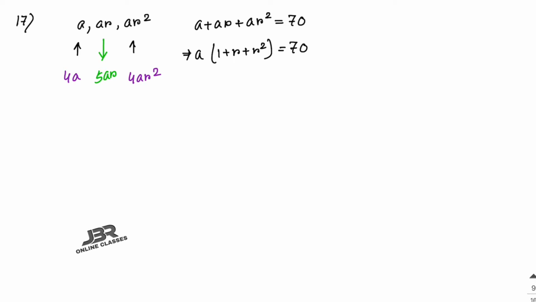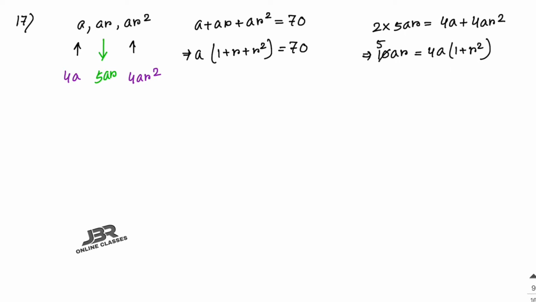Now these three numbers are in AP. So the formula for AP: 2 into the middle one equals first one plus last one. So you can write 10ar equals, if 4a is common, 4a into 1 plus r square.